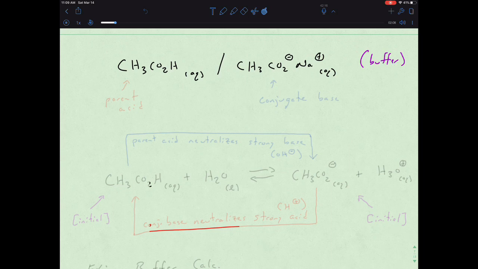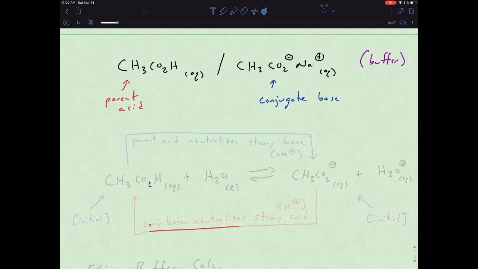We have our parent acid, and we have its conjugate base.